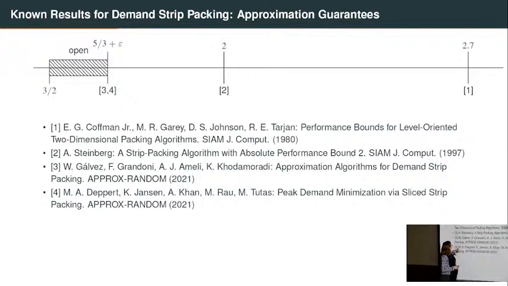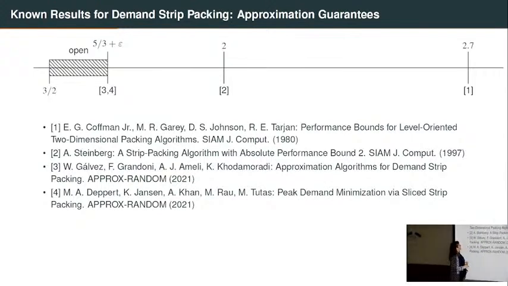And then, in 2021, two groups found the same result, a 5/3 plus epsilon approximation. But the nice thing about this is that the approaches to find this 5/3 plus epsilon approximation were completely different.